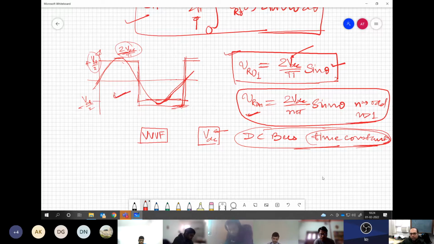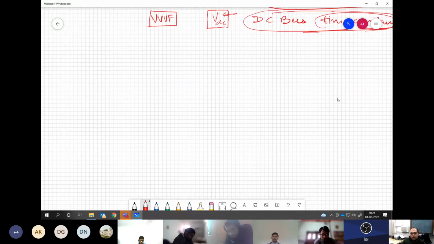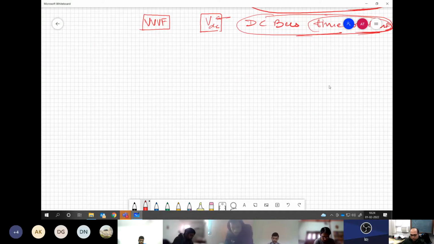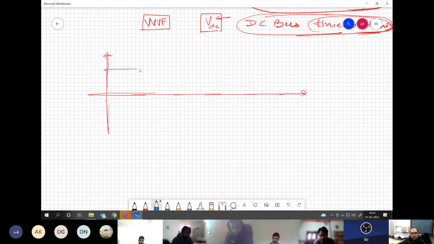So let me introduce one more factor in this waveform. Say near the 90-degree angle, we switch it once.